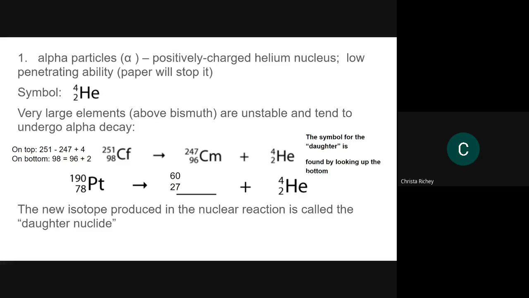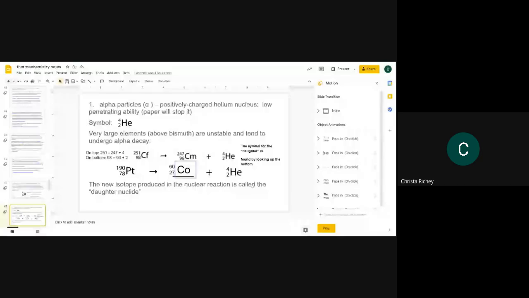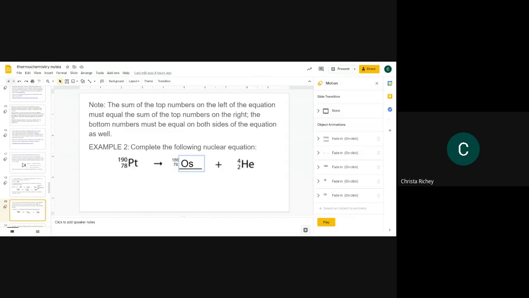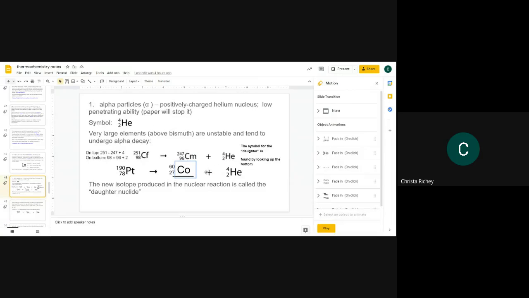Oh, I made a boo-boo. Oh, that's cobalt. No, I made a boo-boo. Let me fix it. Yeah, that's cobalt. Oh, you guys have a different one up top, don't you? I made a boo-boo transferring it over. Hold on.